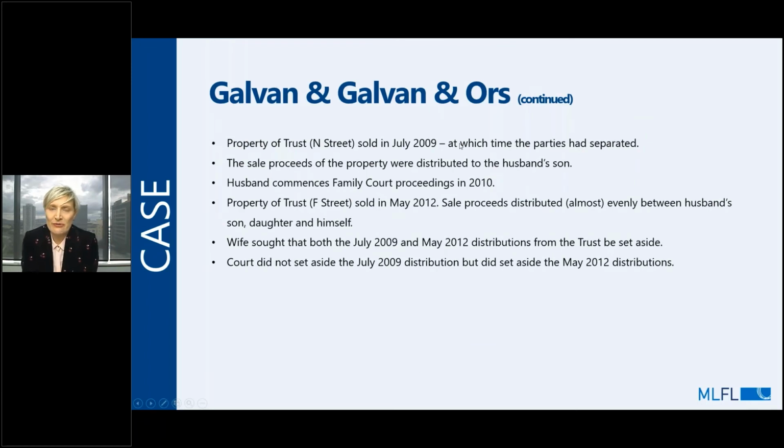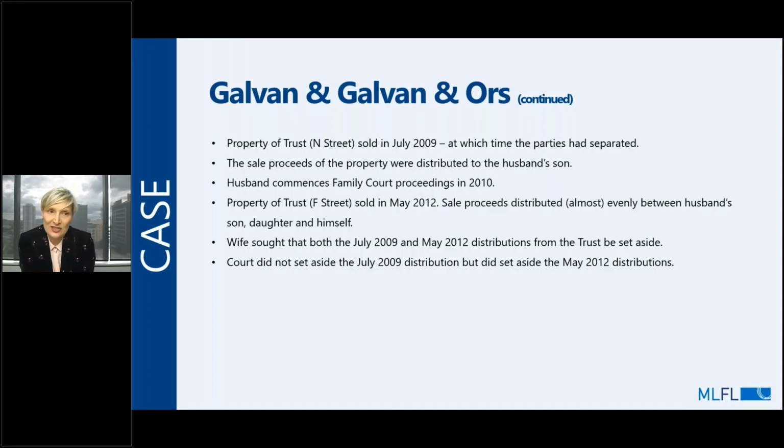In terms of the trust property in this case, at the time of the judgment there were 2 distributions made by the trust in the period around or about separation that the wife was seeking to be treated as property of the parties, by way of seeking orders that the distributions to others would be set aside.